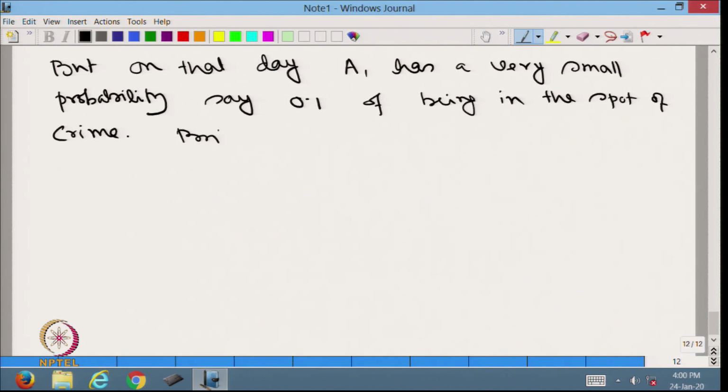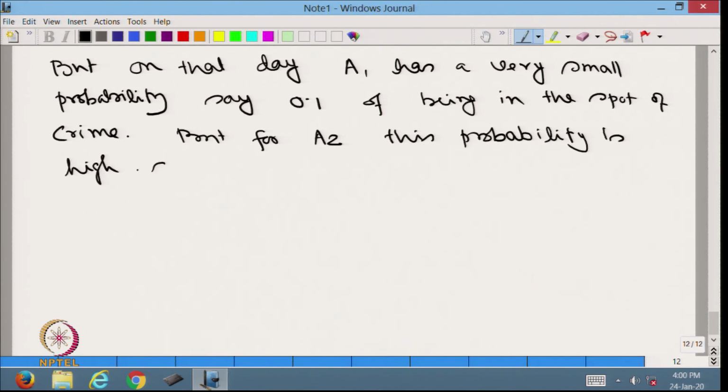But for A2, this probability is high, say 0.8.